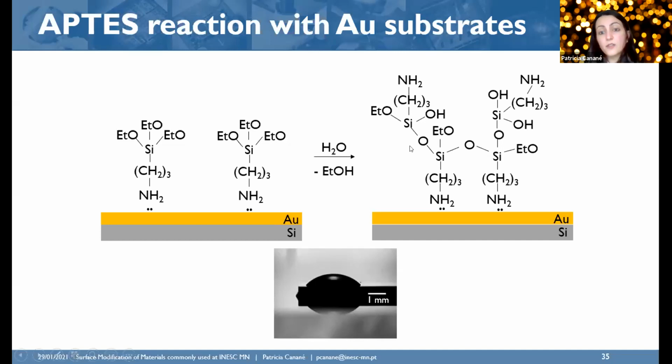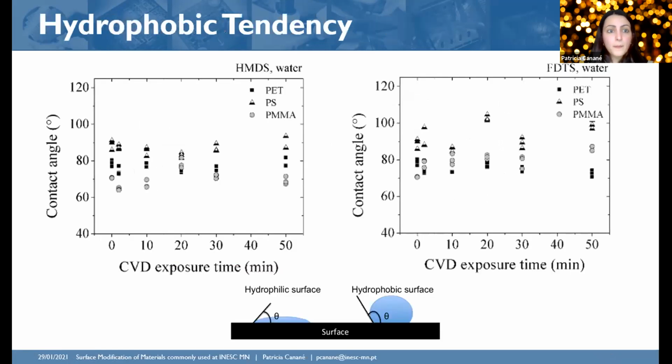And we go even further by saying that it is possible that some APTS molecules that were present in the atmosphere could react with the ones that were already attached on the substrate, leading to the exposure of amine groups, which also have a bigger affinity to polar liquids, in this case deionized water, compared to the ethoxy groups.